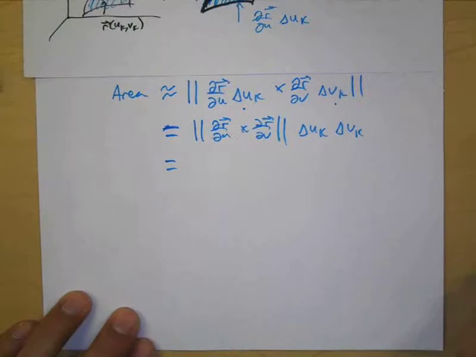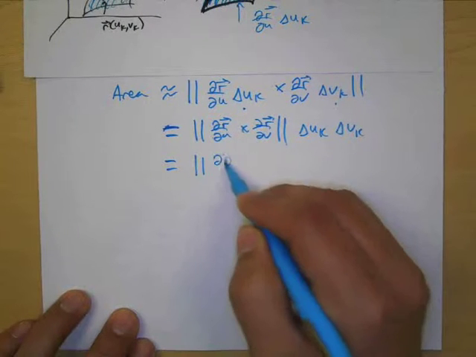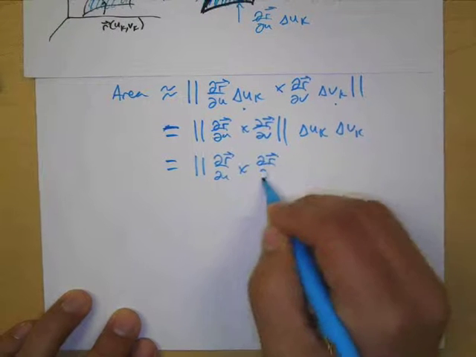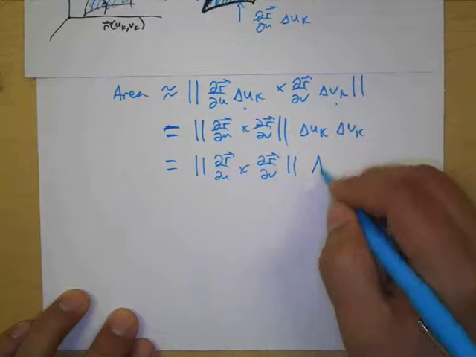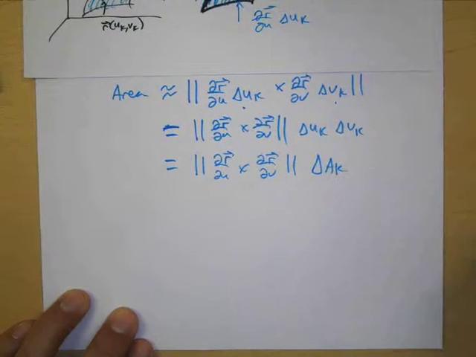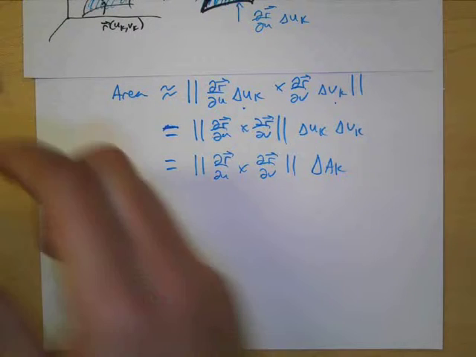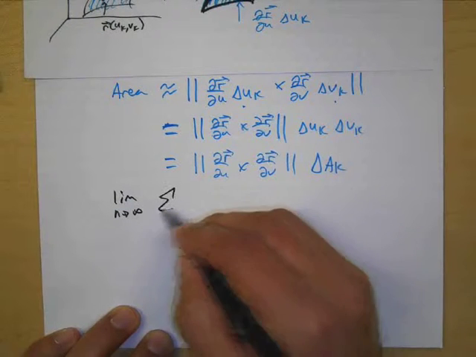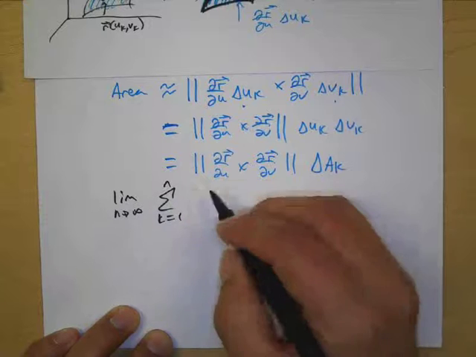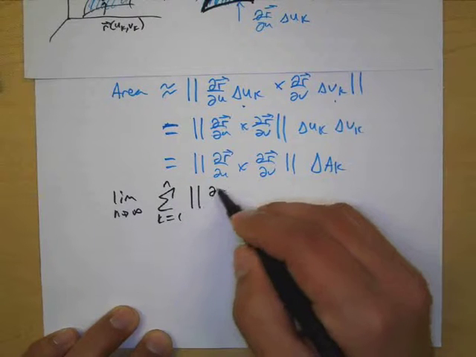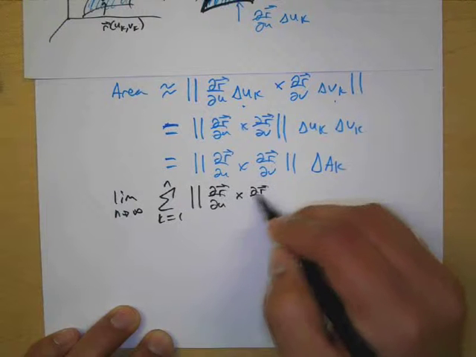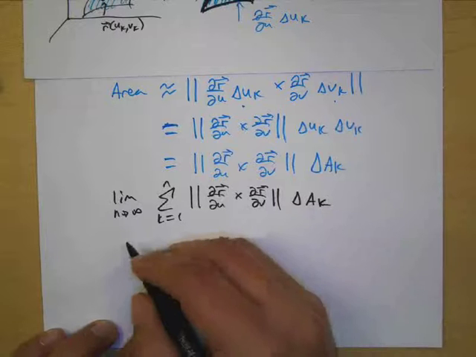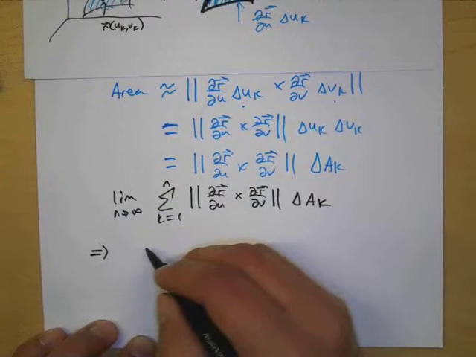So now this equals the same thing, but another way of writing delta u sub k delta v sub k would be to say that that's dA or delta A sub k, just like we did before. So then if we take the limit as n approaches infinity of the Riemann sum from k equals 1 to n of all of these little areas, then this actually becomes the formula for surface area.